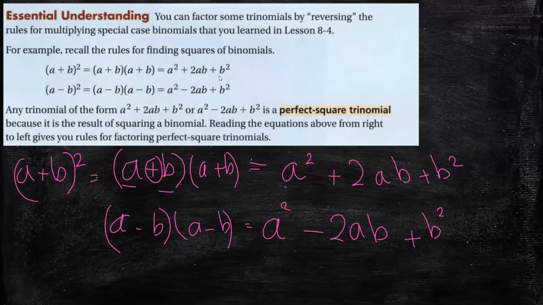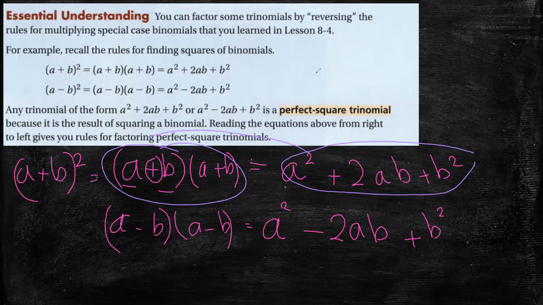In this lesson today, we will learn how we can factor this trinomial. I mean that we will learn how to go in reverse, from these trinomials back to the binomials. Before, we learned how to multiply these binomials and convert them to a trinomial.